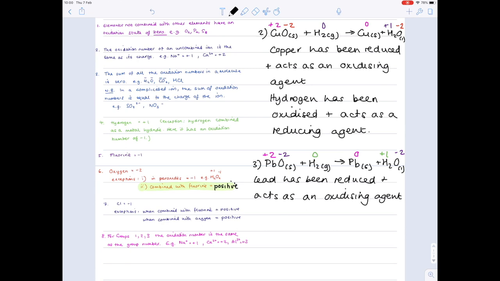It has neither been oxidized or reduced because its oxidation number has remained at -2. Hydrogen, however, has gone from having a 0 oxidation state to a +1 oxidation state. In order to become positive, it must have therefore lost electrons, and therefore hydrogen has been oxidized. And as such, acts as a reducing agent.